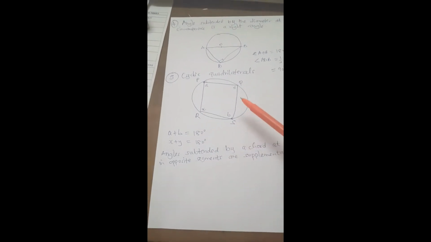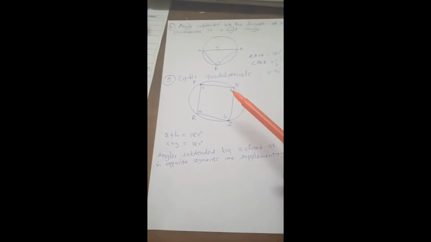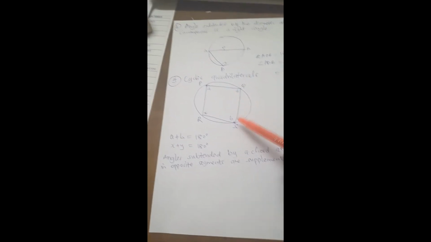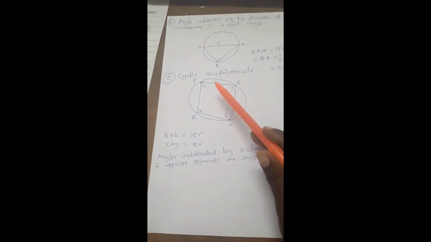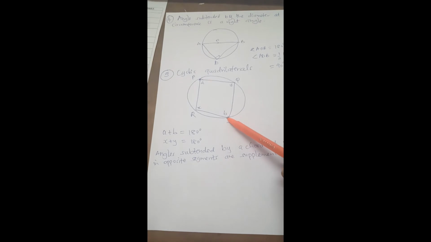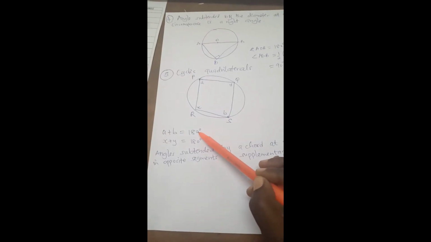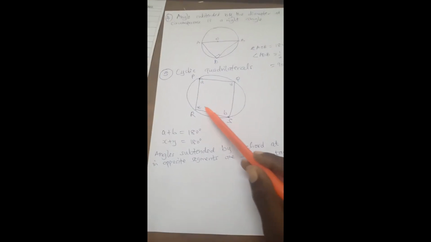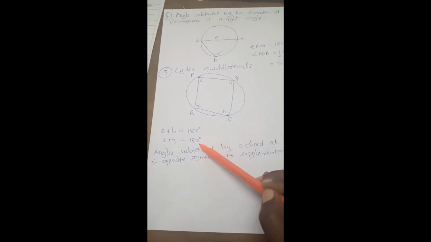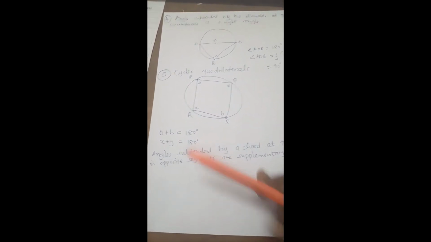PQRS qualifies to be a cyclic quadrilateral. Now, in a cyclic quadrilateral, the opposite angles are supplementary. That is, angle A plus angle B will give us 180 degrees. Same as angle X plus angle Y will give us 180 degrees.